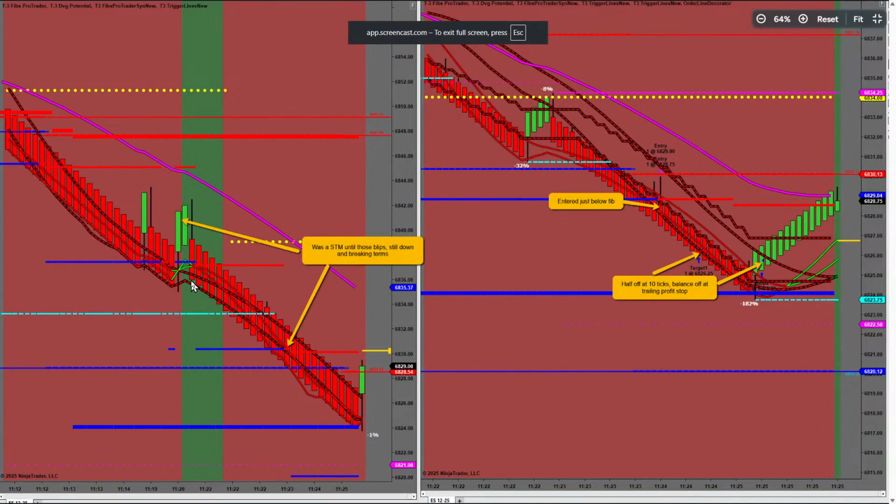Strong trending market. Not a strong trending market, Pete. Only 15 bars since your reversal bar. Your strong trending market didn't happen till down here. So what you have here was a strong trending market until those blips.